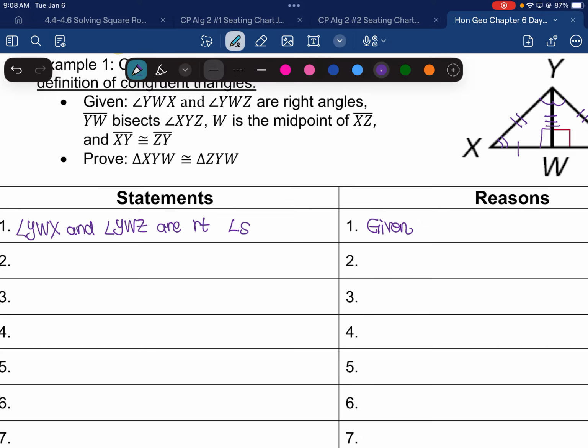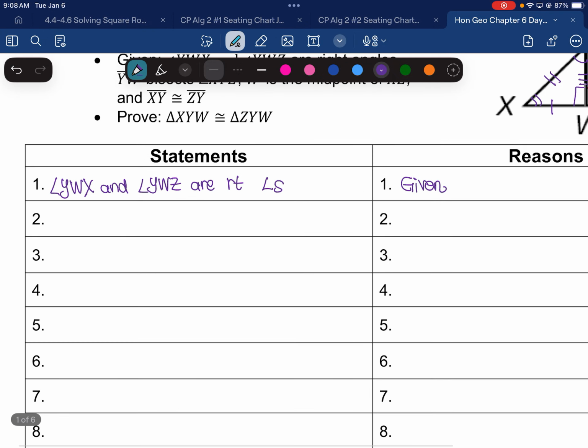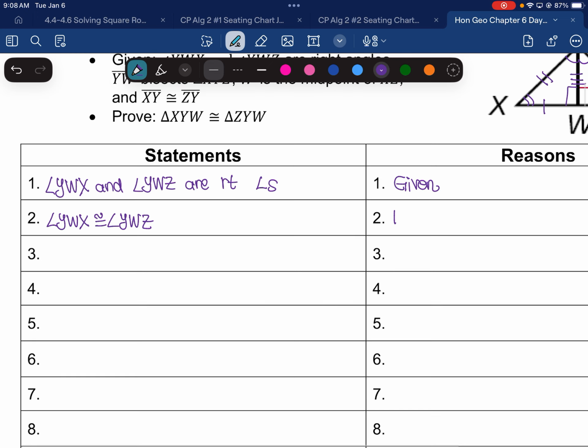But when we were marking it on our picture, we knew that these angles were congruent. Do you remember the reason? Anybody remember the reason what I said? If they're right angles, they're congruent. It's called the right angle congruence theorem.